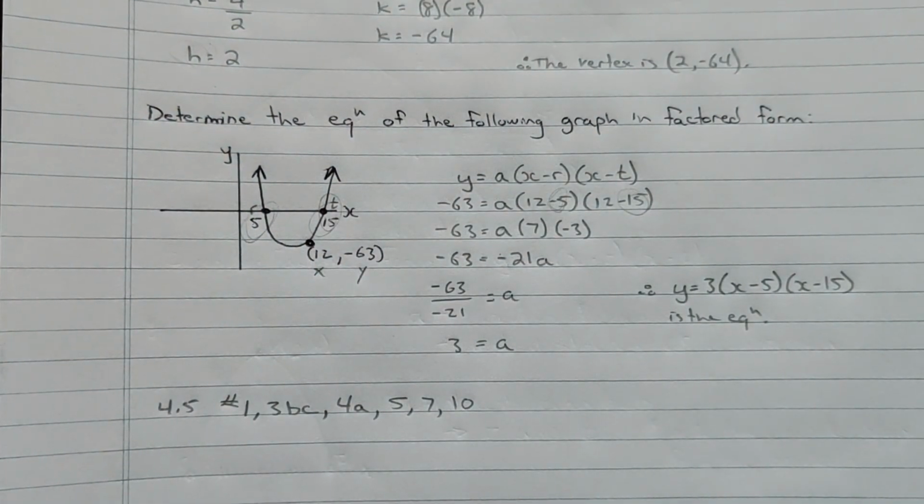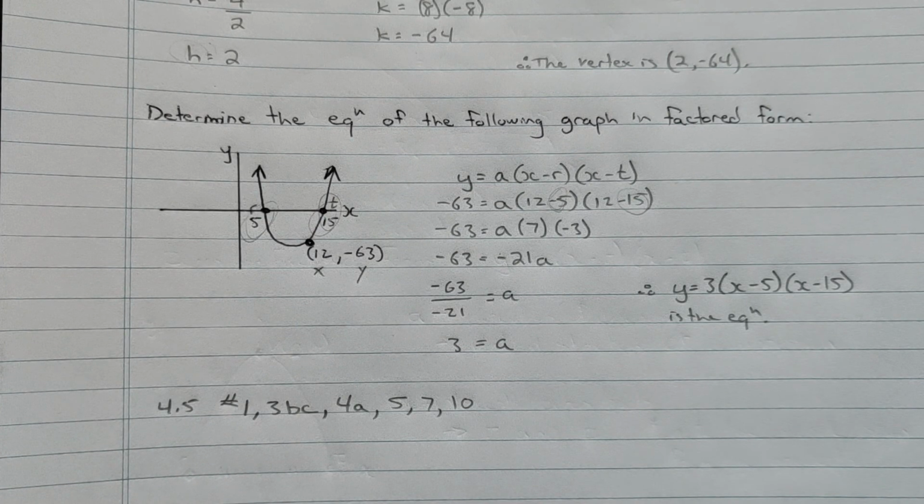So 1, 3B, C, 4A, 5, 7, and 10. Check those ones out. And that'll about wrap up this general look at the 3 forms of the quadratic equation. And then we can get ready to look at some review of this.